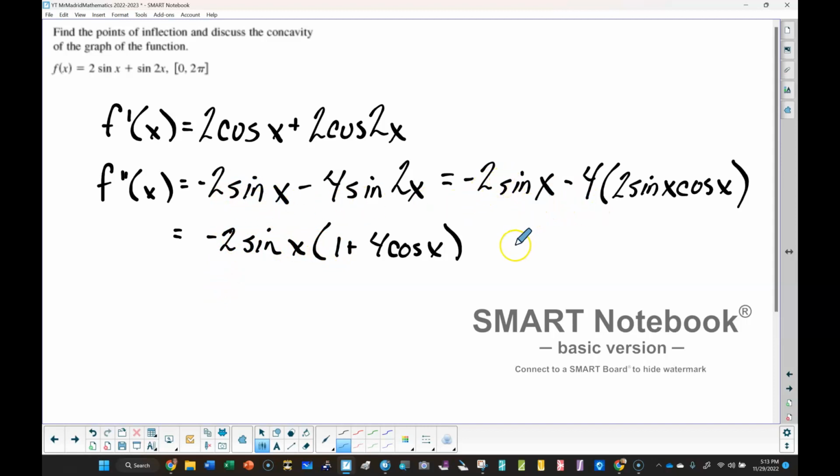If we look at this form, right, so this is essentially here times 1. Out of this portion, if we take out the negative 2 sine x, we're left with 4 cosine x right here. Okay. All right, again, that is specific to this trigonometry, not to the lesson of the day, okay?